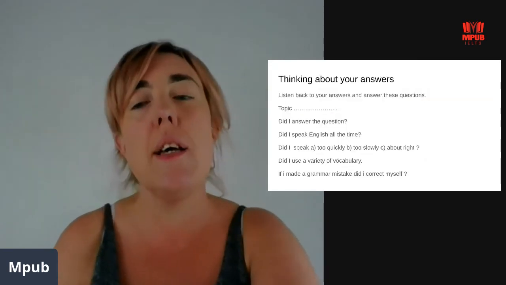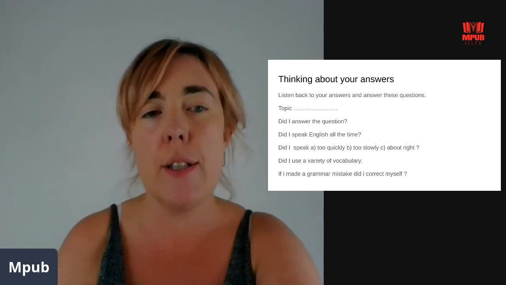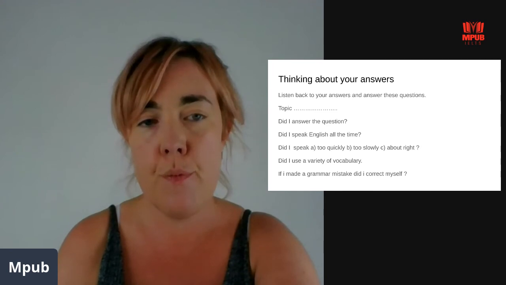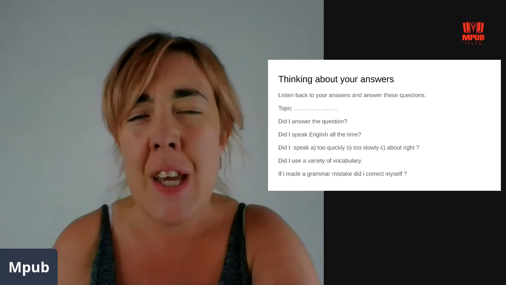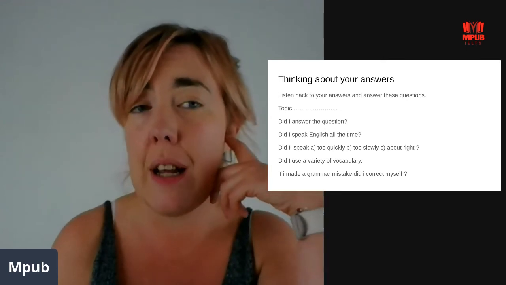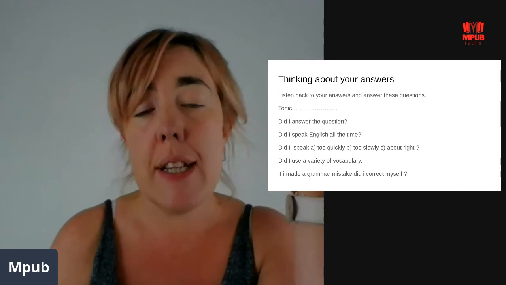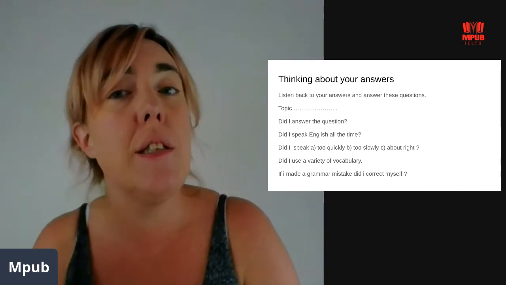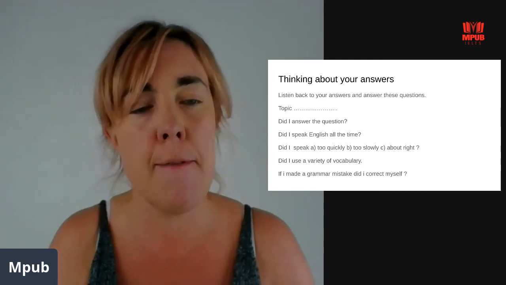Now, what I would recommend that you do is every time you answer a question in English, try and record yourself on your mobile phone. Maybe you don't want to listen to yourself. If you don't have a mobile phone, that's fine. Try and ask your friend to listen to you, but make sure they can speak some English, okay?